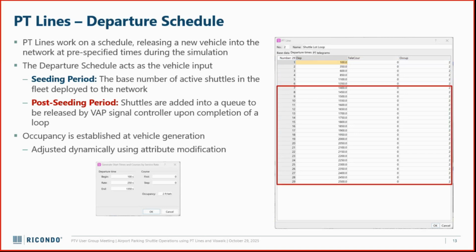Essentially, these shuttles are just lined up in a queue in order to dwell behind a VAP-controlled signal head. They'll dwell off the network on a hidden layer, so they aren't viewed. But this just allowed us to provide a continuous shuttle loop using the VAP. We also assigned an occupancy of 2 at the beginning just as a tentative number, but we adjusted these dynamically using attribute modification.